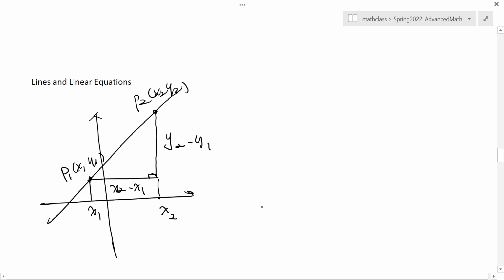All right. But we find out all those triangles are similar. That means y2 minus y1 over x2 minus x1 is really independent of the location of the points.